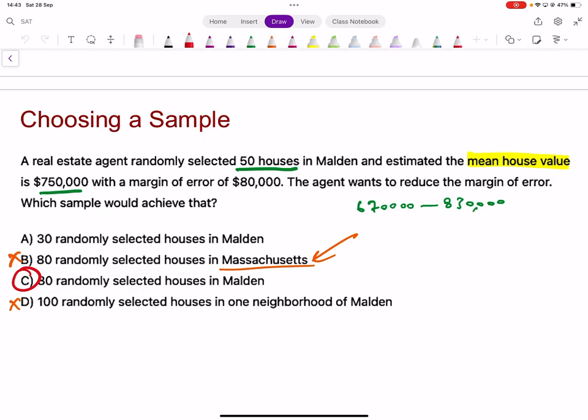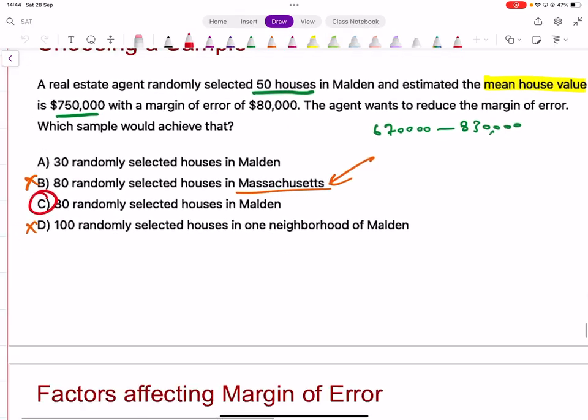That's going to give us the best results, right? But it's not practical. It's going to be very expensive. You can't have all of that data from the whole city. So that's why sampling is necessary. But still, you want to have a sample size as big as possible that's not too expensive or impractical, right? So within your constraints, you want the sample size to be as big as possible.